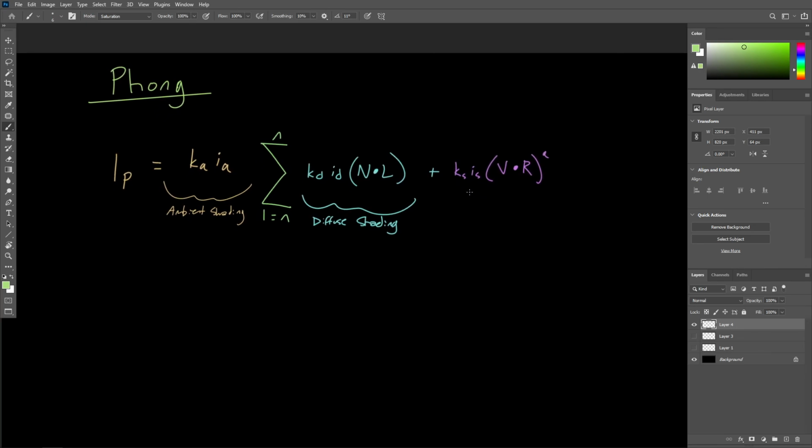This is not a physically based shading model. It's more of an approximation of how light behaves, but very fast to use. This is great for when performance is an issue, and you will see this particular shading model available, as I said, in multiple 3D packages.